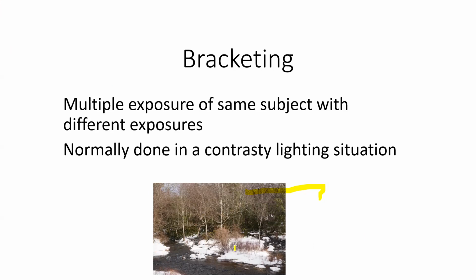So you can bracket this with a couple of different exposures to see which one you like, whether you want the snow exposed or whether you want the dark trees exposed.